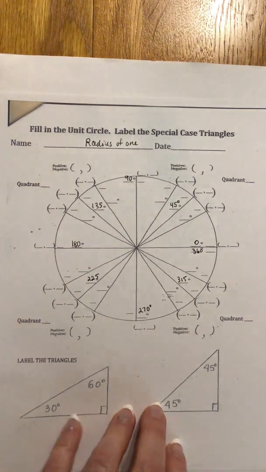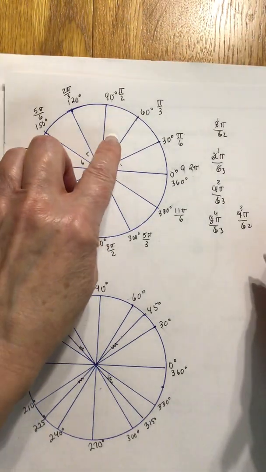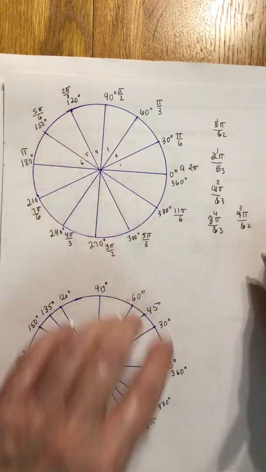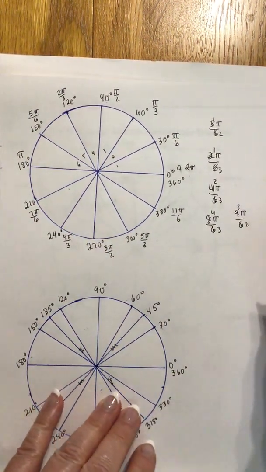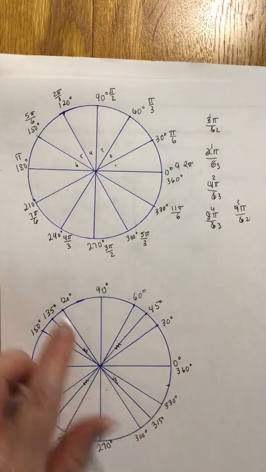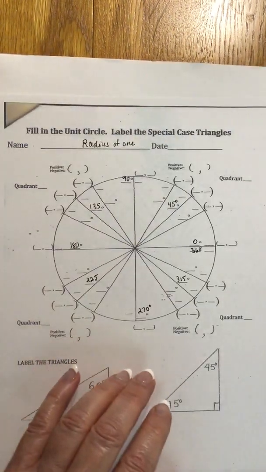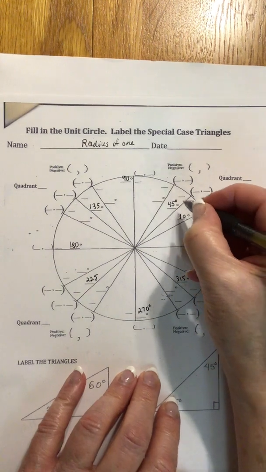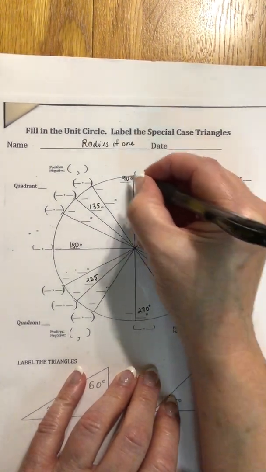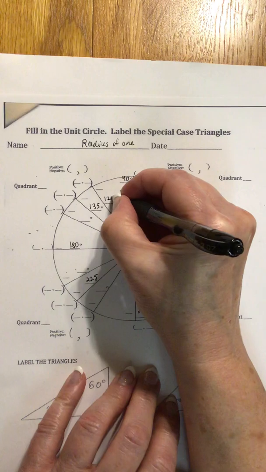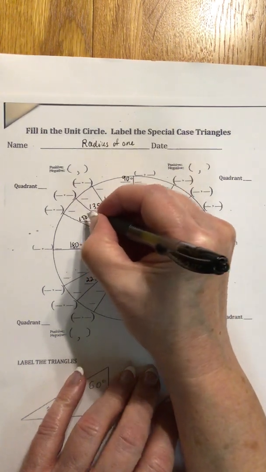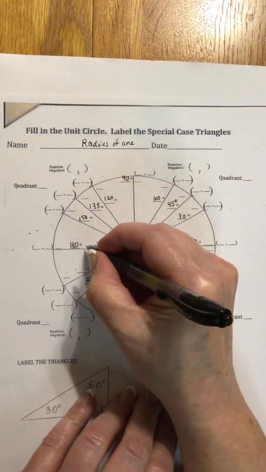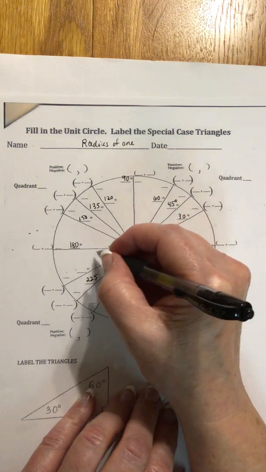So what's left? Well, we got the 30s now. So the 30, 60, 90, and so forth all the way around. So that's the one we're going to fill in now. So kind of keep your eyes on what you did before. So 0, 30, 60, 90, 120, 150, and then 180 is already there, right?